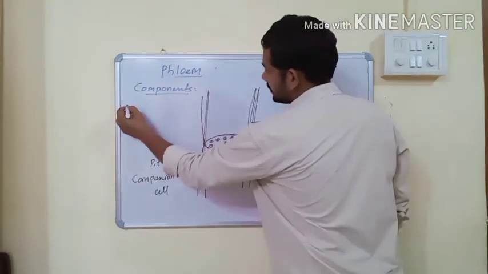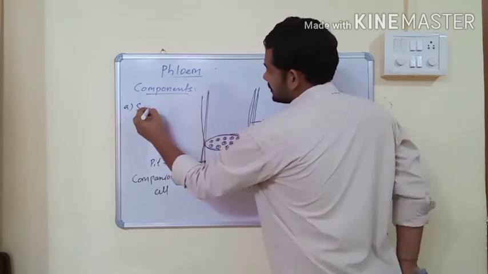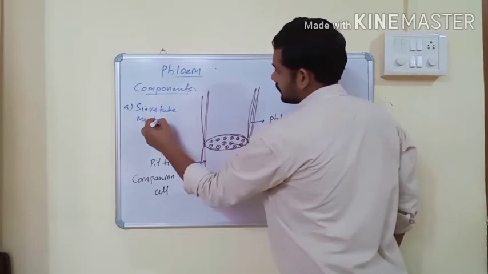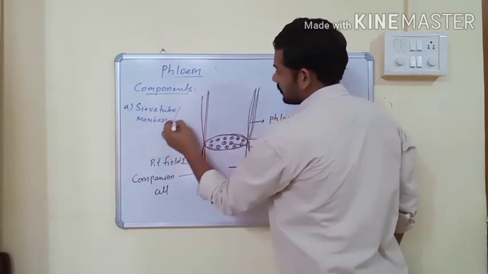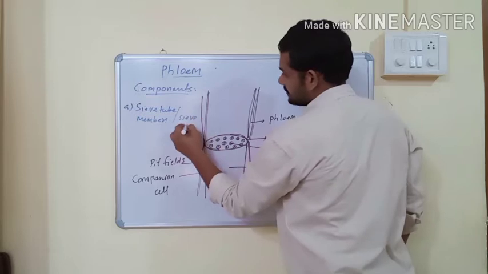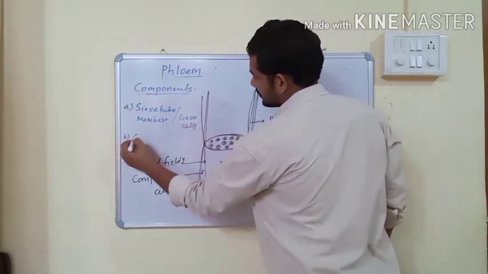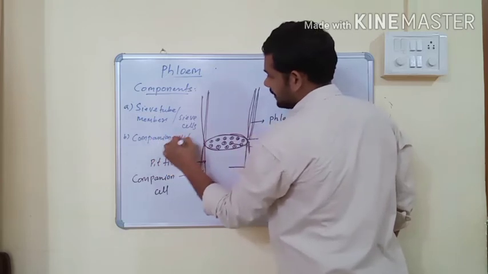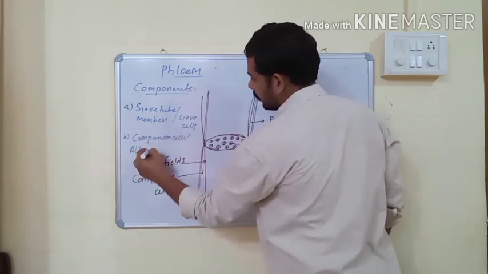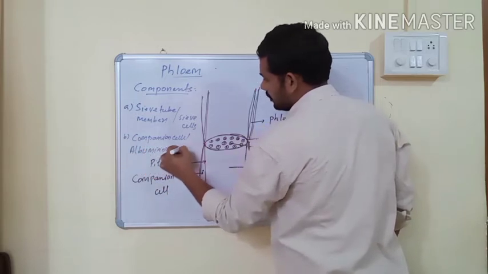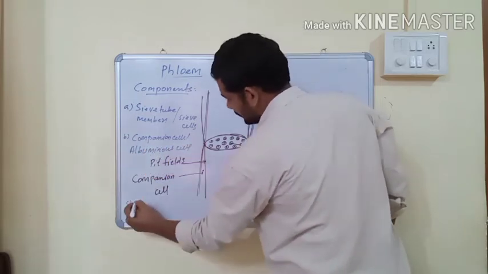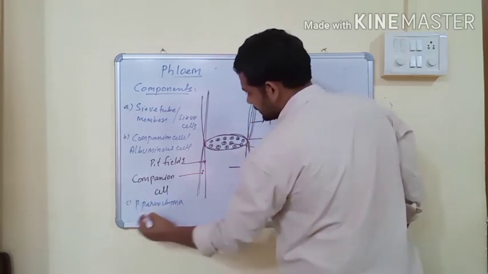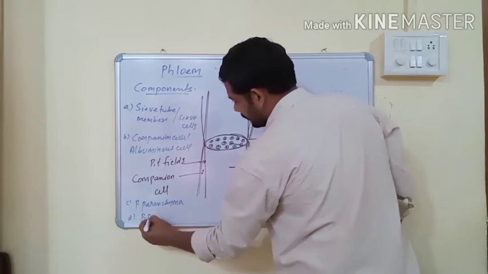So what are the components present? Sieve tube members or sieve cells, companion cells or albuminous cells, phloem parenchyma, and the next component is phloem fiber.